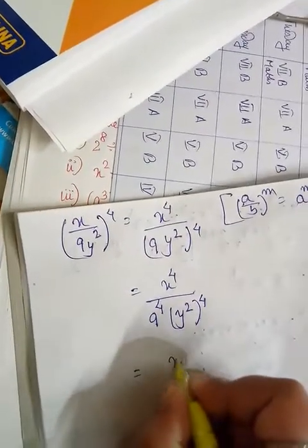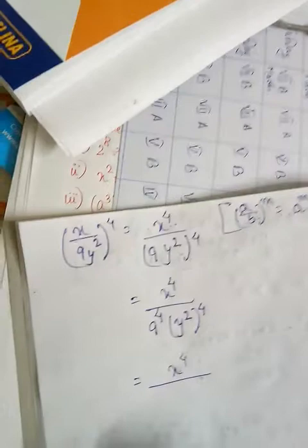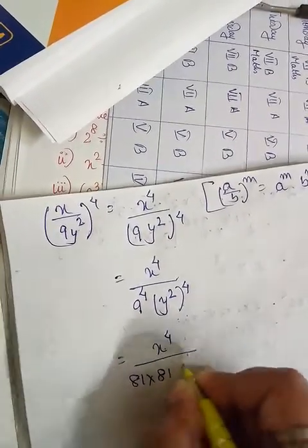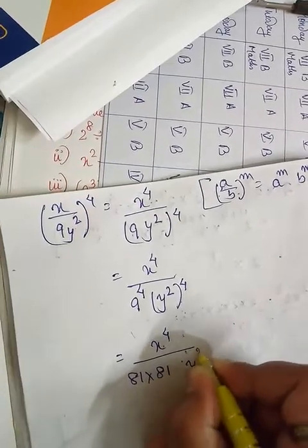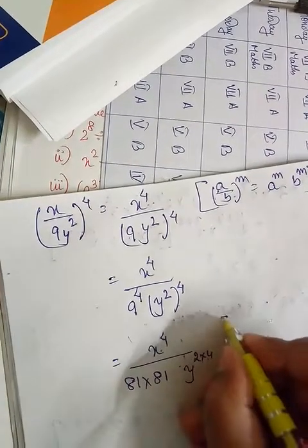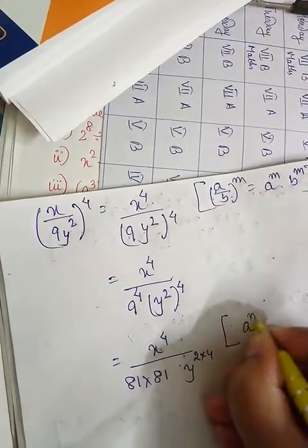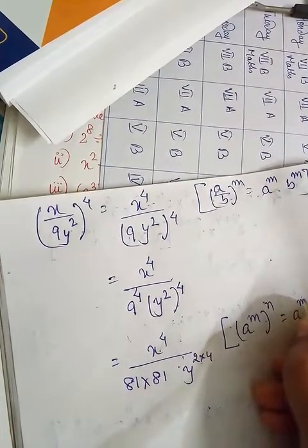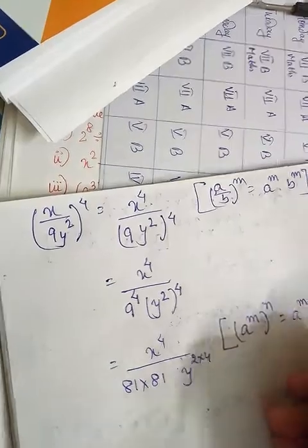So, this will be x to the power 4 by 81 into 81 into y to the power 2 into 4. You will write the reason: it is (a raised to the power m) whole raised to the power n, which is equal to a raised to the power m into n.